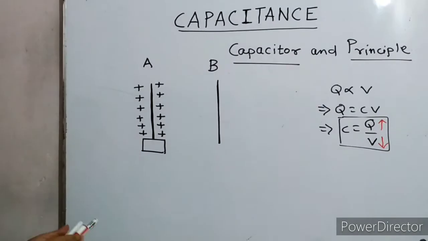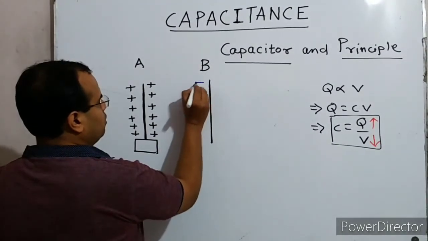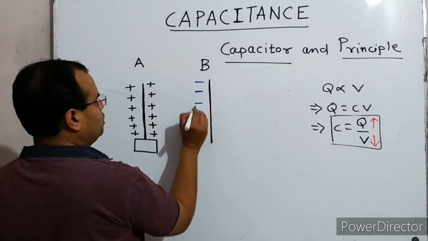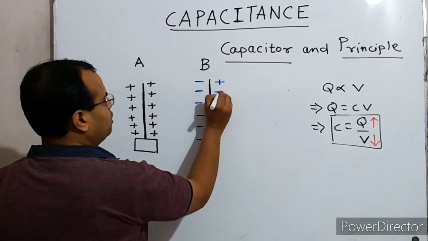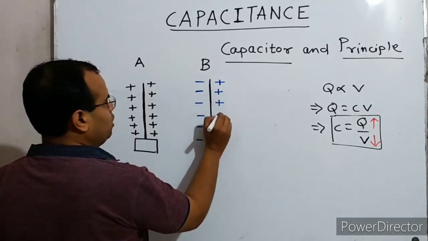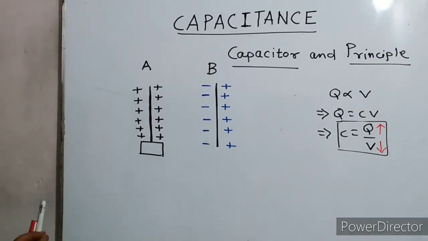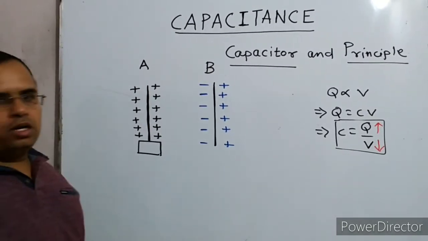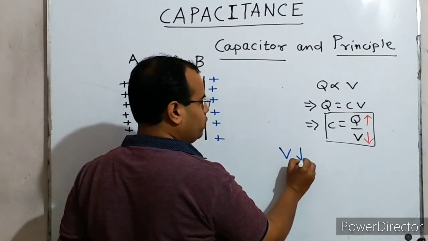Due to induction, negative charges are induced on this side and positive charges are induced on the other side of the plate. Now this process is going to decrease the potential. How is it going to decrease the potential?